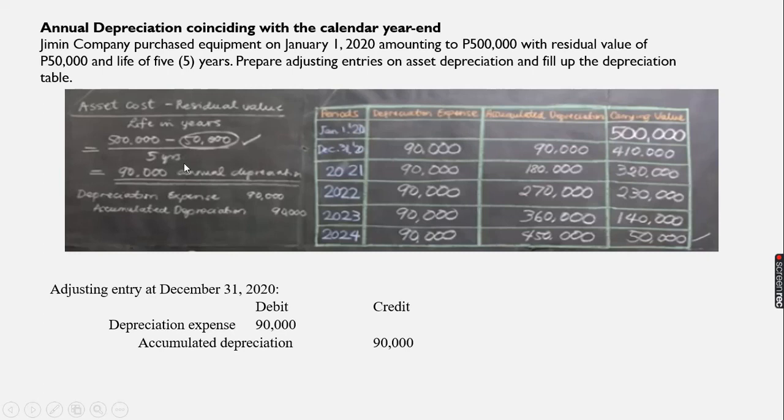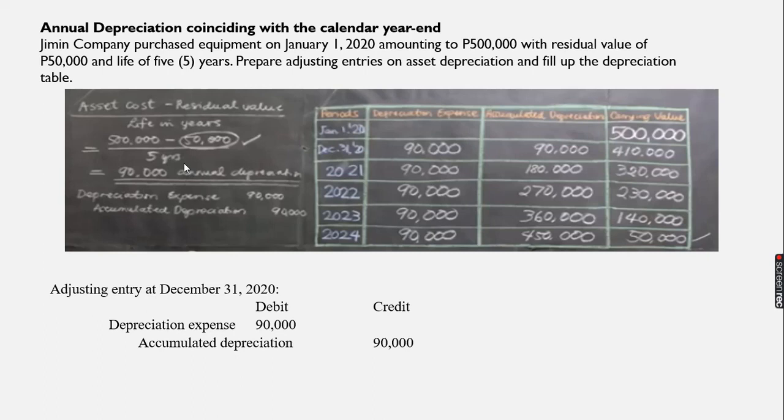So, i-compute natin kung magkano yung yearly niya ng pag-depreciate. 500,000 i-less natin yung 50,000 and then divide natin siya sa 5 years.